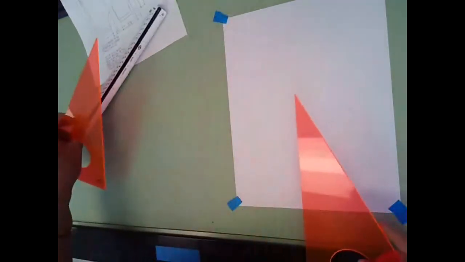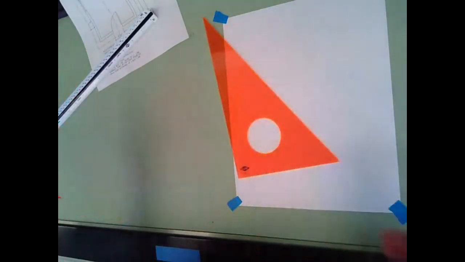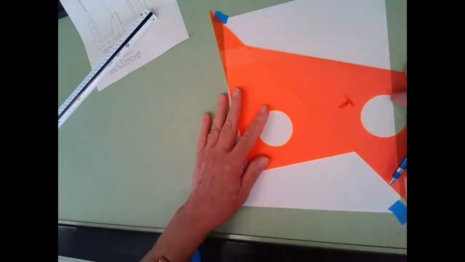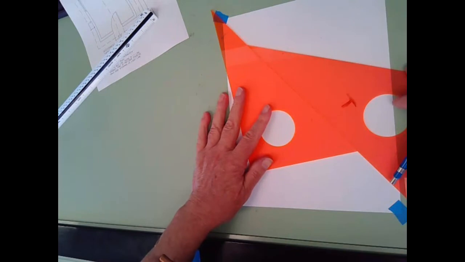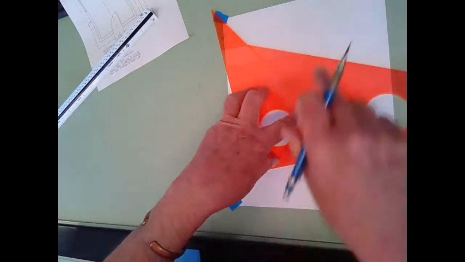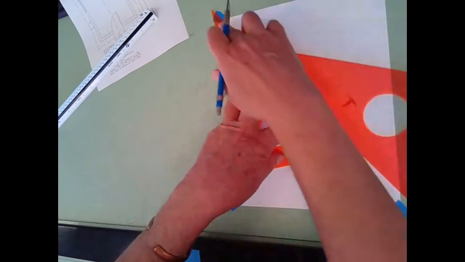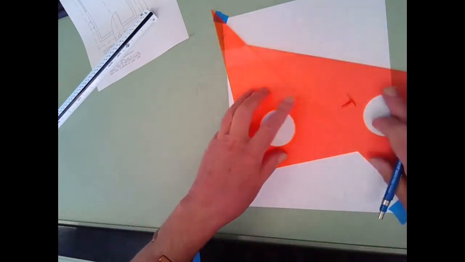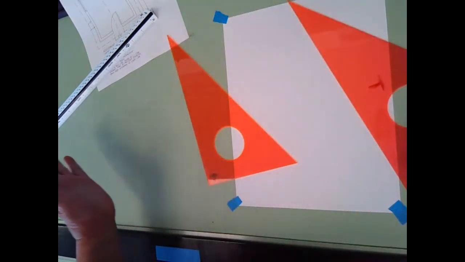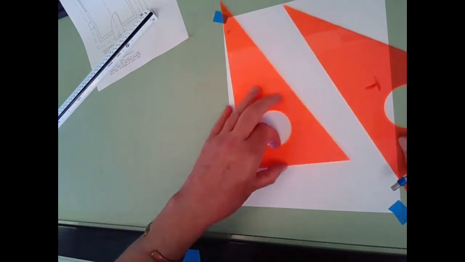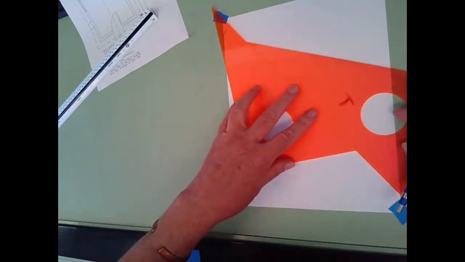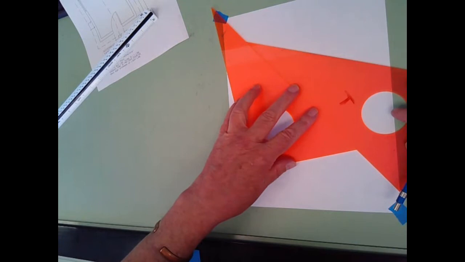With the 45-degree triangle? Nope. Well, you can use a 45-degree triangle. The easier way is to find the center of the page with the ruler trick. But we want it centered top and bottom and left and right. So we're going to find the center using the X. And what I did was I didn't have my longer triangle with me today. So I took 2 shorter triangles, put them together, doesn't matter what they are.